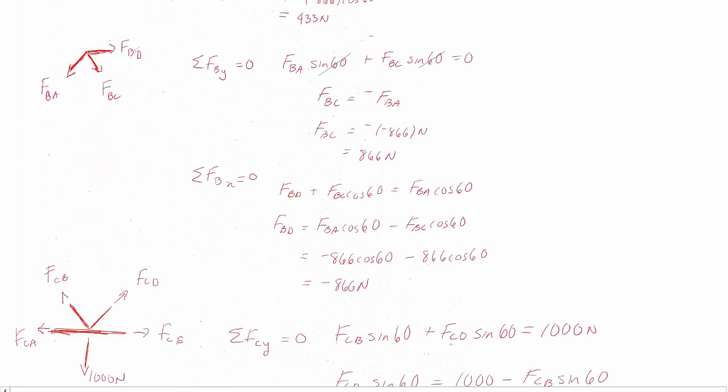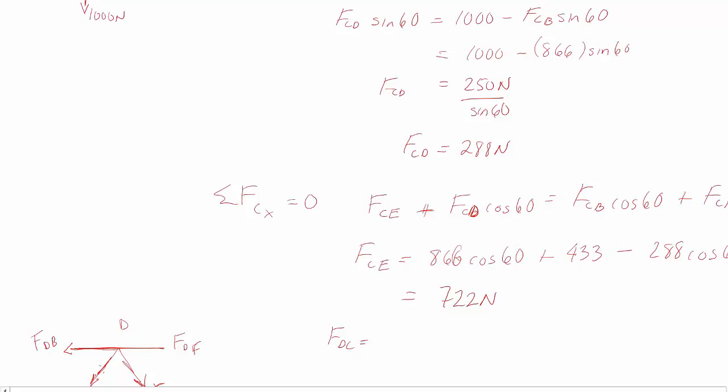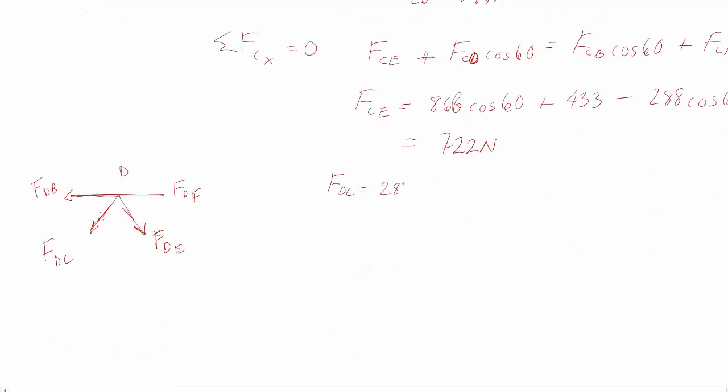That's F and E. Okay, so we know the size of those. We have to be very careful of the positives and minuses. FDC is 288, so it's positive. So FDE is negative 288. All right.